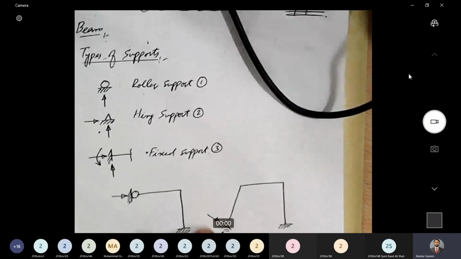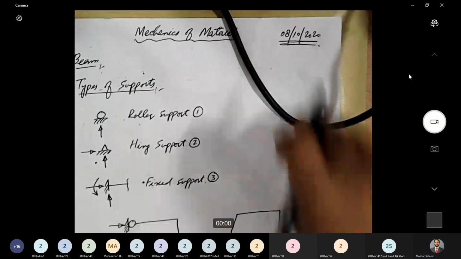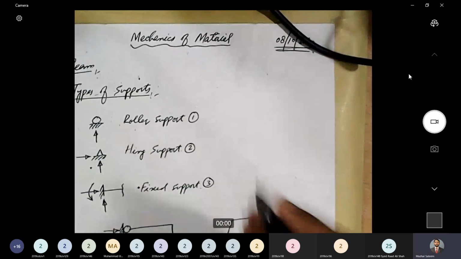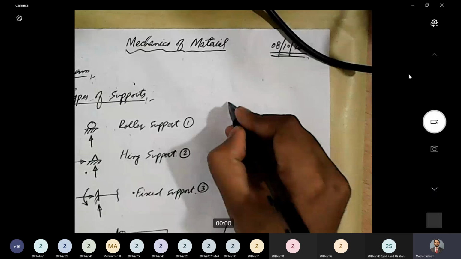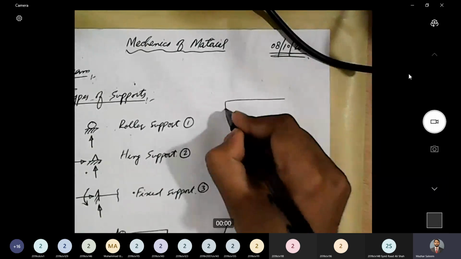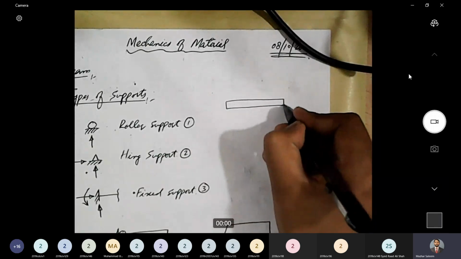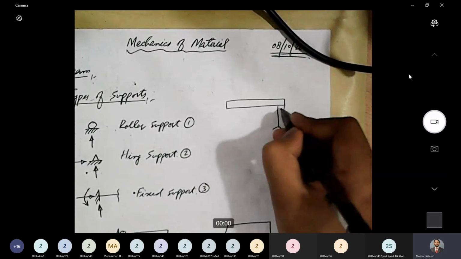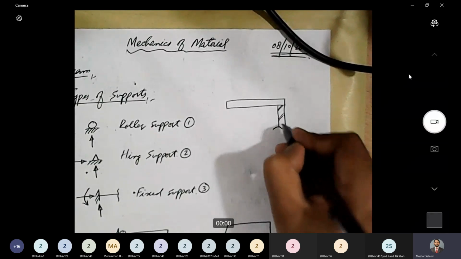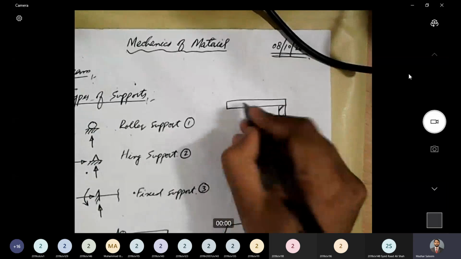And how do we provide these supports in real structures? For example, let's say we have a beam here and we want to provide a roller support. So this is how a roller support is provided.